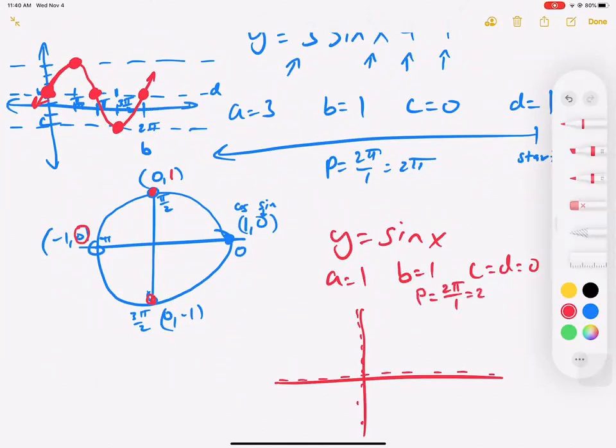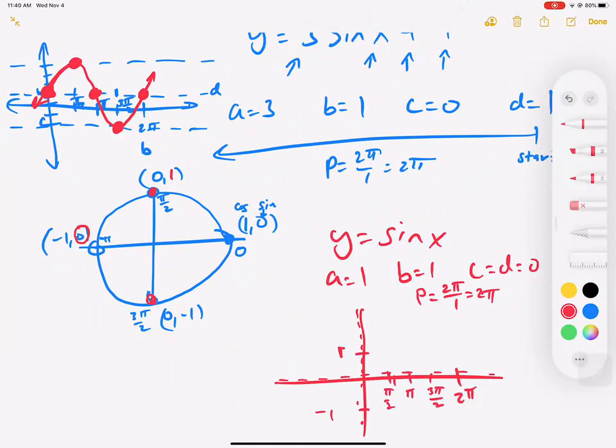It takes me 2 pi to finish. Mark it off at 2 pi. Half, half, and half. Half is pi. Oops, this is pi over 2. And 3 pi over 2. Count up by 1, 2, 3. And then our a value is up 1, down 1.